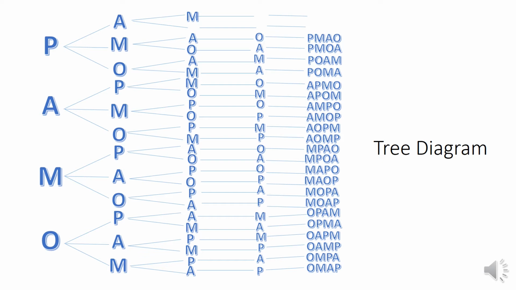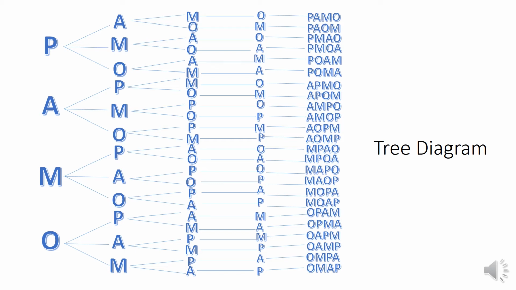After connecting the letters, you can now list down the arrangement of letters. So all in all, how many arrangements? Okay, so we have 24 arrangements in which there is no repetition of letters and the order is important.